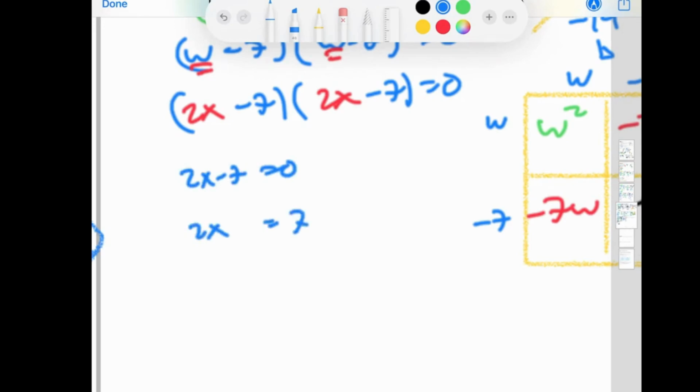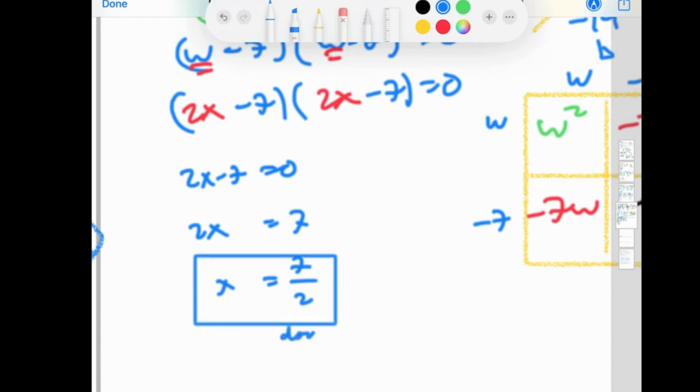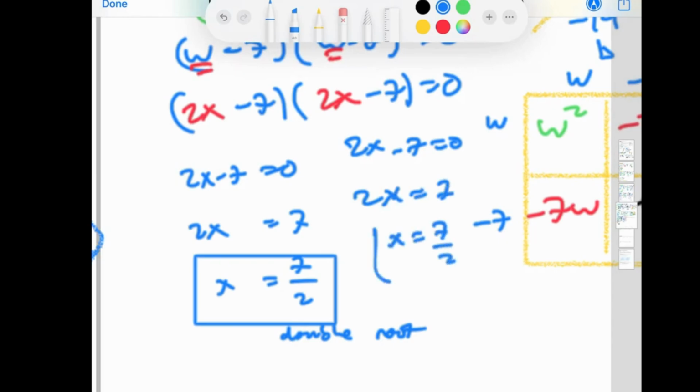Add 7 to both sides and divide by 2, you get x equals 7/2. And that's actually a double root. You're just noting that if you did this same problem over here, you'll get x equals 7/2. So you're actually getting it twice.